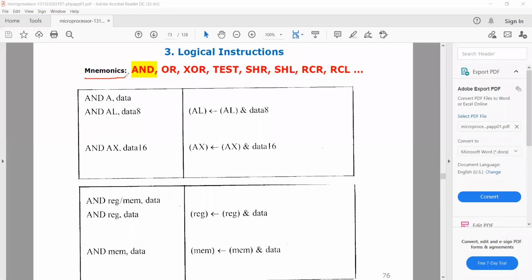What does mnemonic mean? Mnemonic means just opcode. Generally, in the instruction format we have opcode and operand, and that particular opcode is also called a mnemonic.